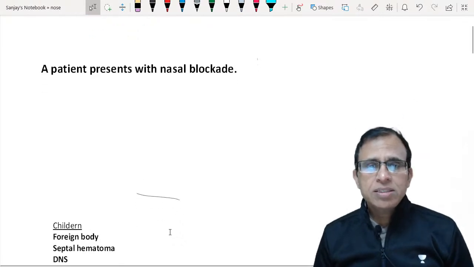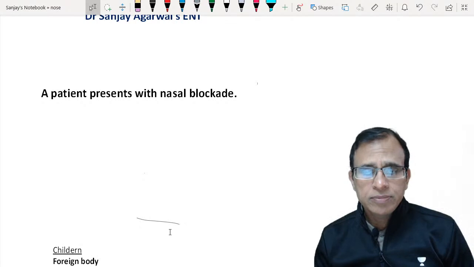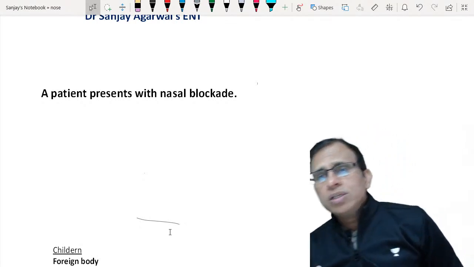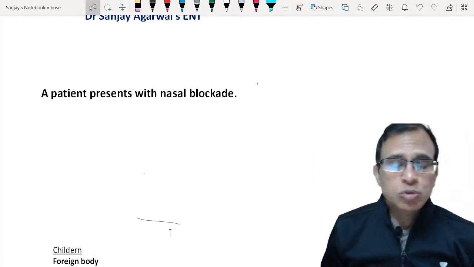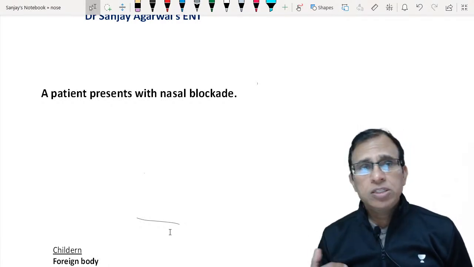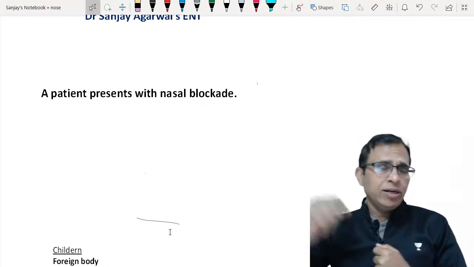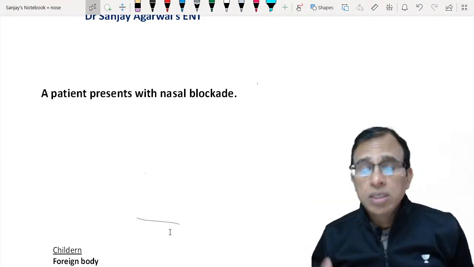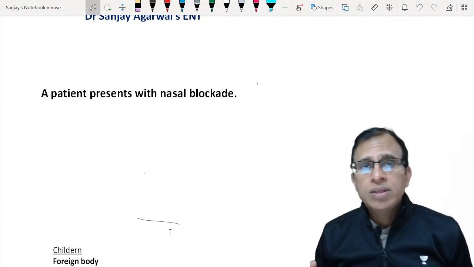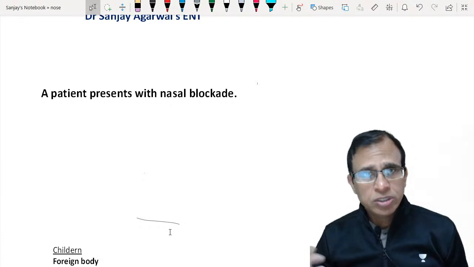Now, when the patient comes with nasal blockade, first thing is, what are the possible diagnoses that come to your mind? That's the first thing, because that's how you do. When the patient comes and tells you, it's always like a chapter opens in your mind. What are the possible diagnoses? And then one by one, you have to rule out. First with your history.